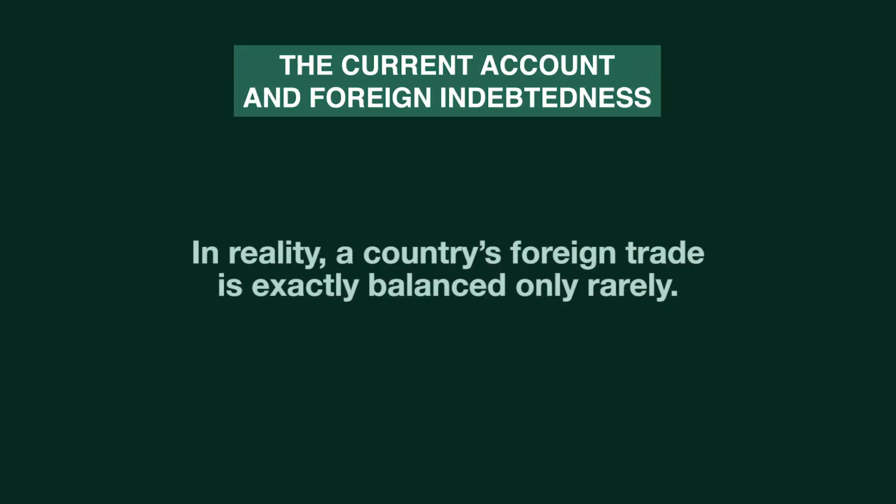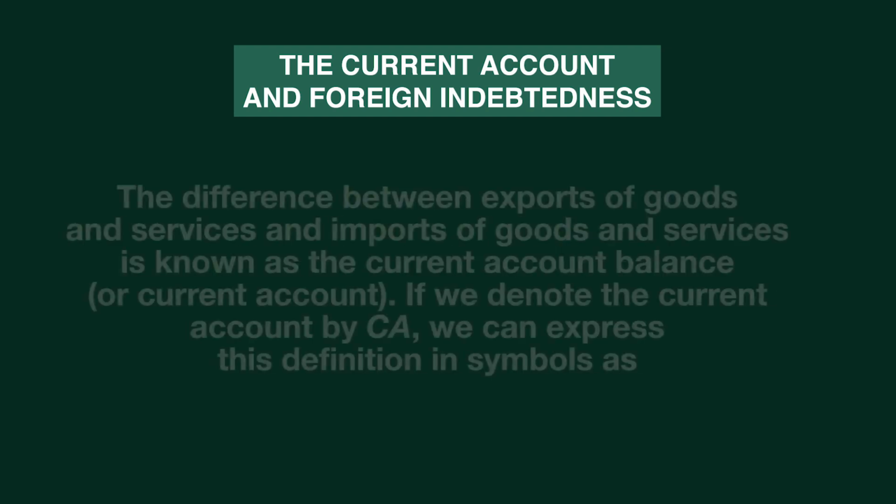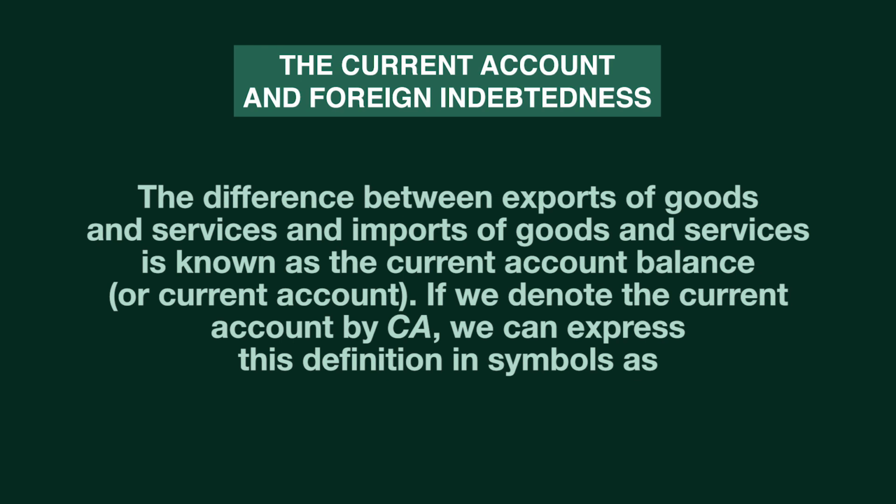Now we are going to talk about one important part that comes with open economy accounting, that is the current account and foreign indebtedness. What is the current account? The current account represents the balance between export and import. In reality, the current account or the trade is generally not balanced between countries.